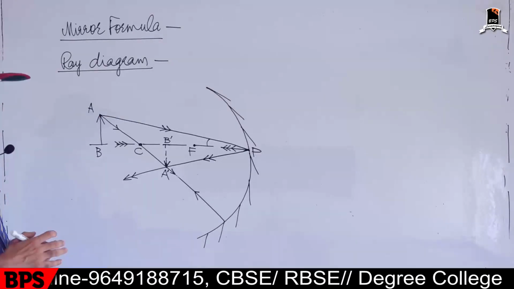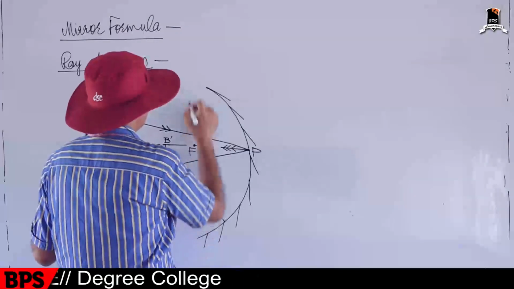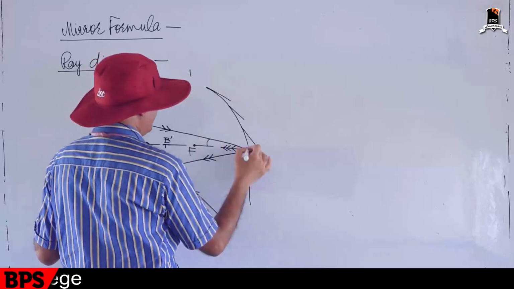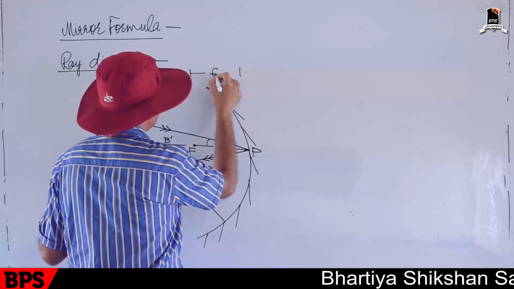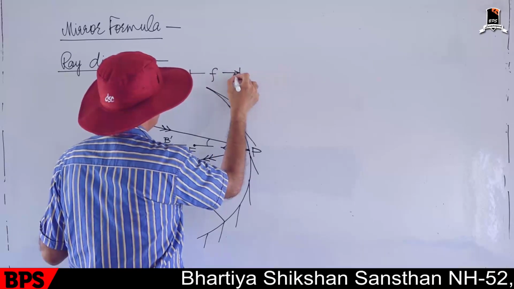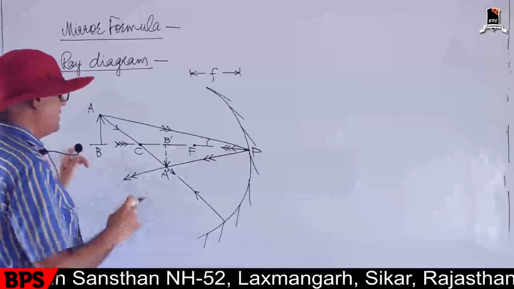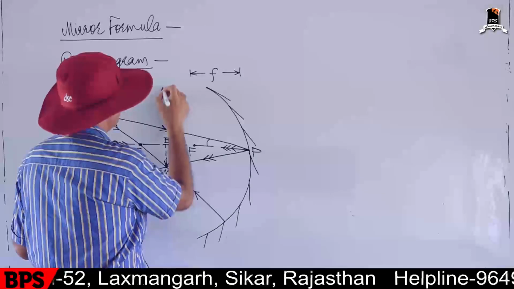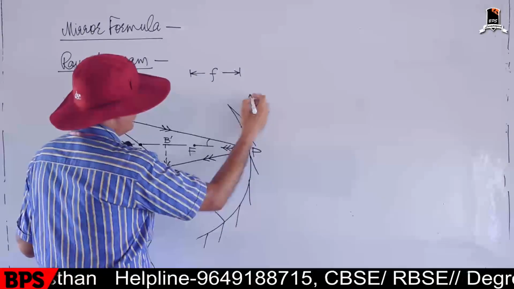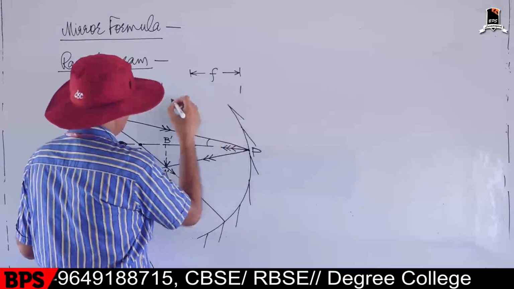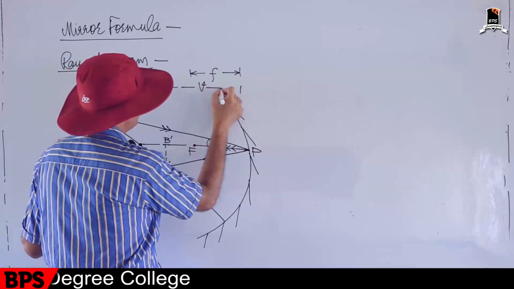Now the distances involved. First distance involved is the focal length, distance between F point and P point. This is focal length small f of the mirror. Then involved distance is this B dash to P point distance. This is the image distance, call it v, small v.